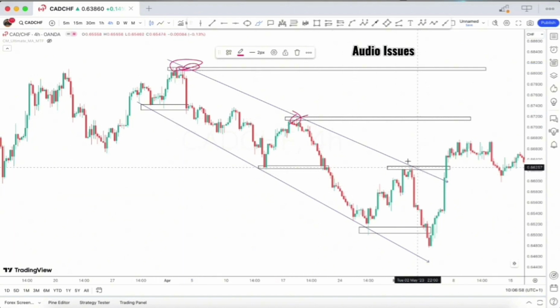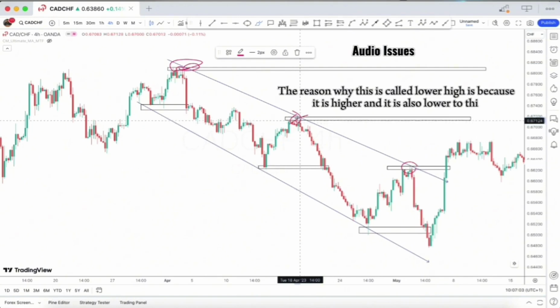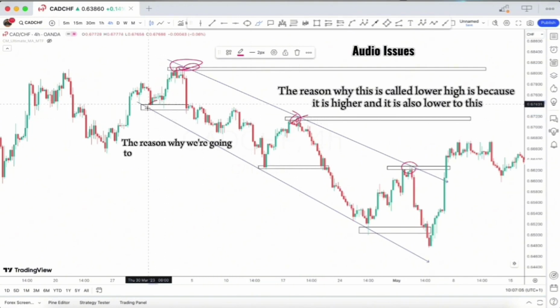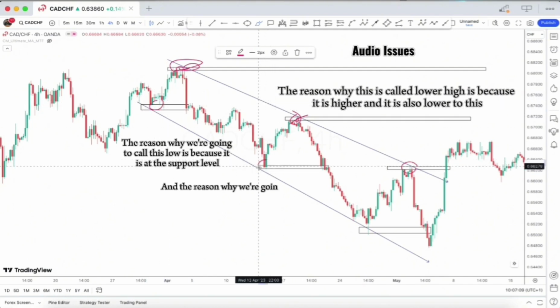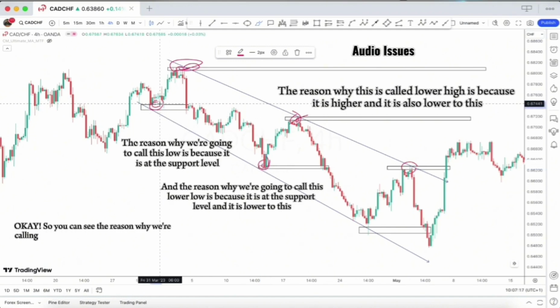The reason why we call this a low is because it's at the support level. And the reason why we call it lower is that it's at the support level and at the same time it's lower than this one. So you can see this is what we call lower highs and lower lows. For an uptrend, it is what we call higher highs and higher lows.